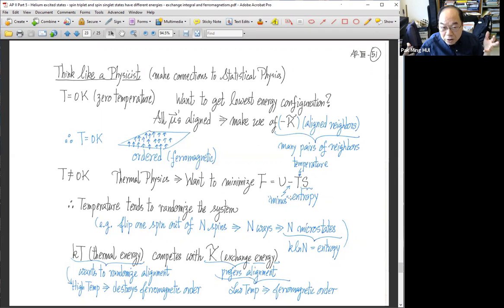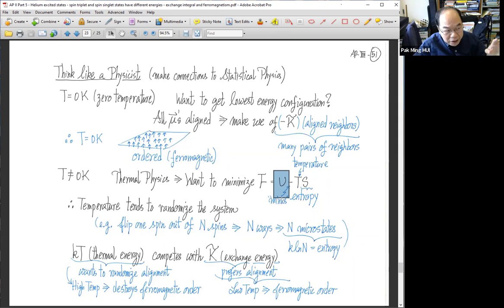So at low temperature, still okay. A few of them get flipped, the energy is higher, but this will be lower. And this term will be sufficient to compensate the increase in the U. So there will be some spins flipped.